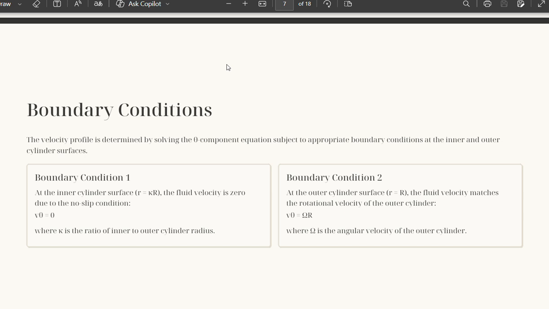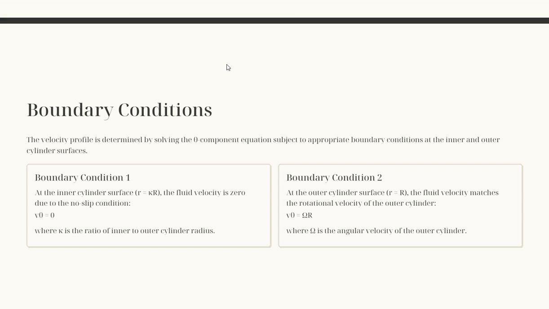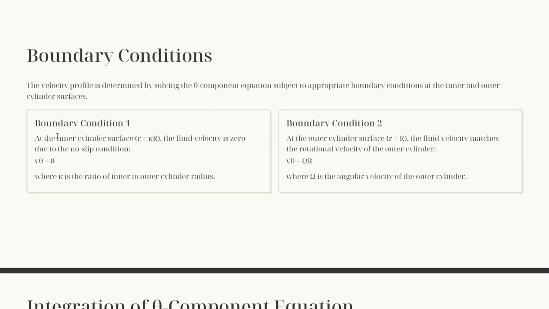When we apply the boundary conditions, the velocity profile is determined by solving the theta component equation subject to appropriate boundary conditions at the inner and outer cylinder surfaces. In the first boundary condition, at the inner cylinder surface, r equals kappa R, the fluid velocity is 0 due to the no-slip condition.